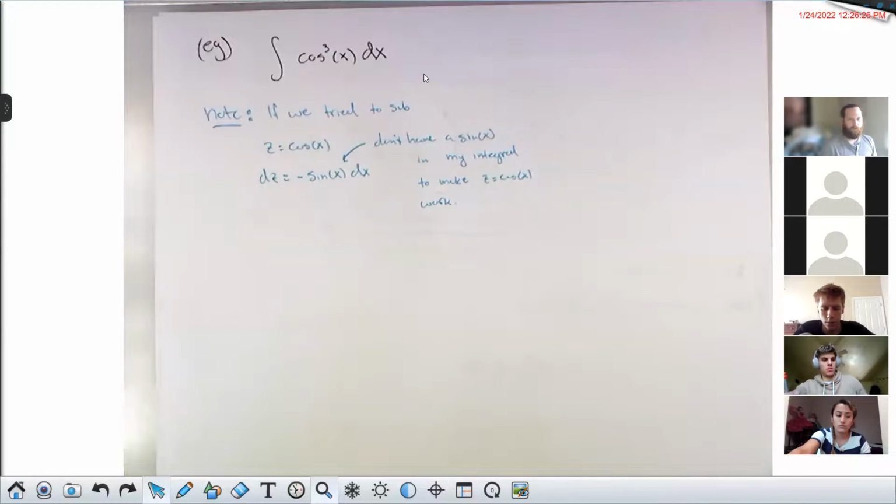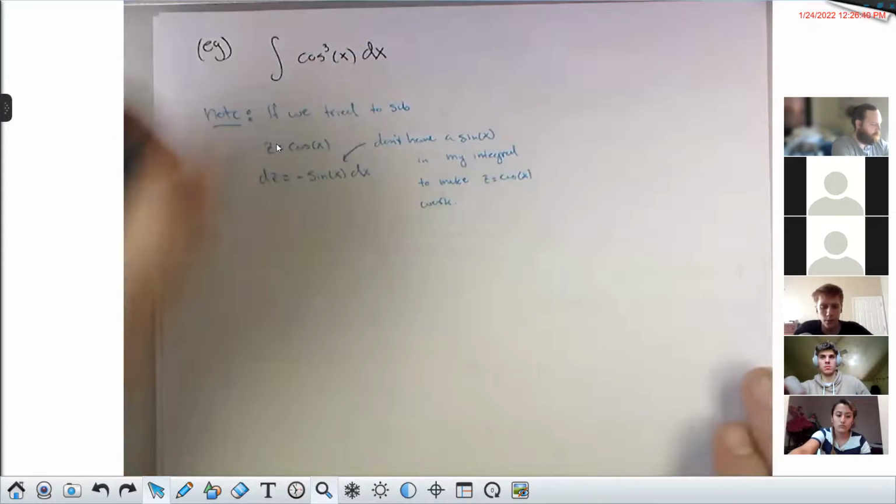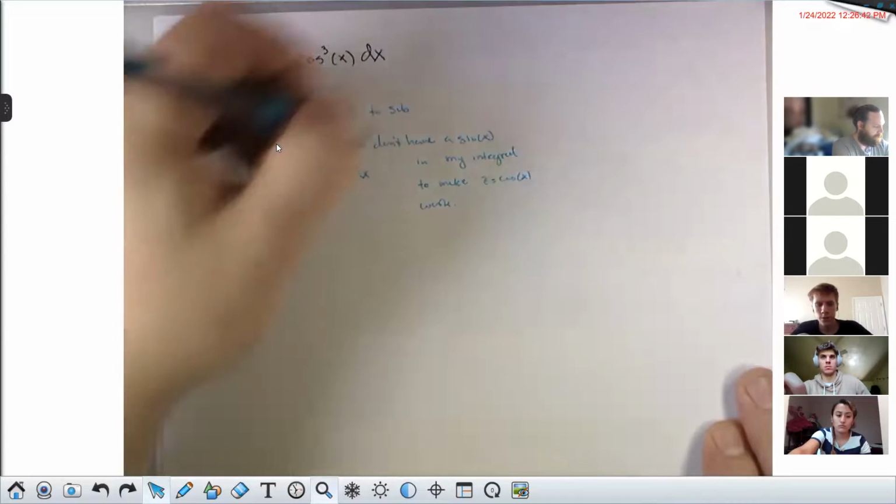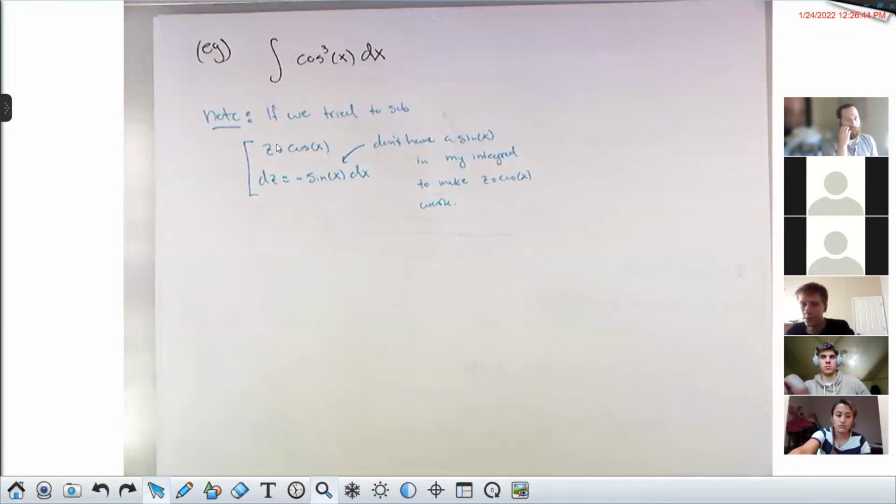We know we need to convert all the stuff in the original integral into new variable stuff when we do the substitution. If you replace dx by 1 over sine x dz, there's no sine x to cancel here. So this, which is a very reasonable thought, won't work.